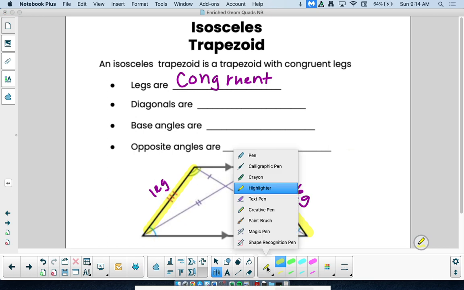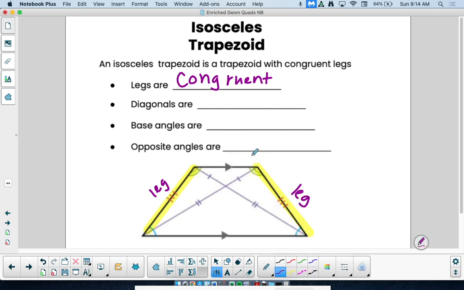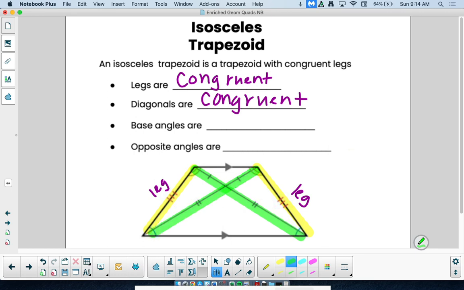All right, let's see what else we can fill in here. Our diagonals are also congruent. So these guys on the inside here, that diagonal is congruent to this diagonal.